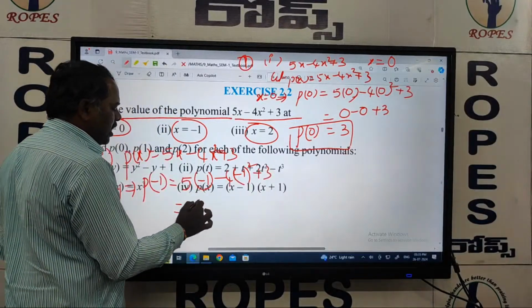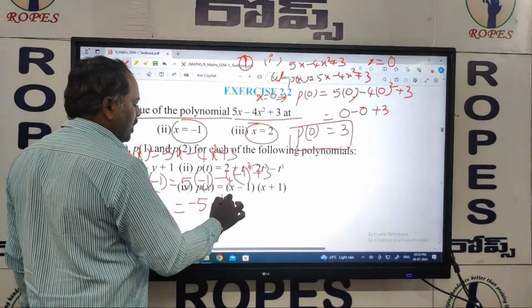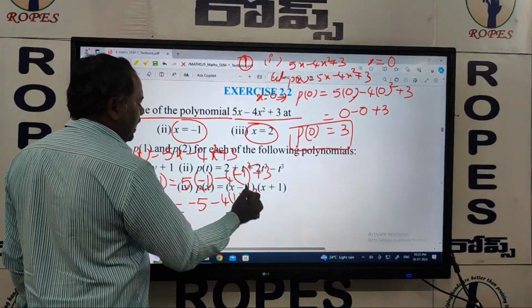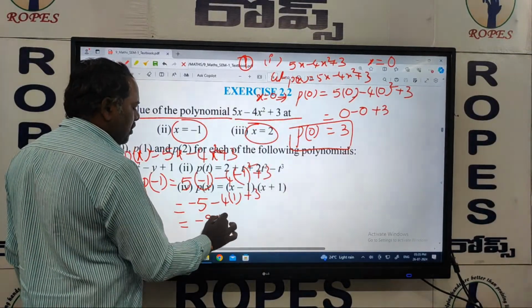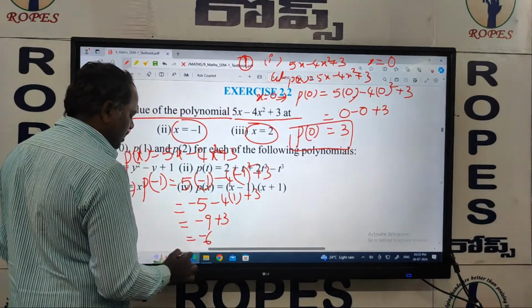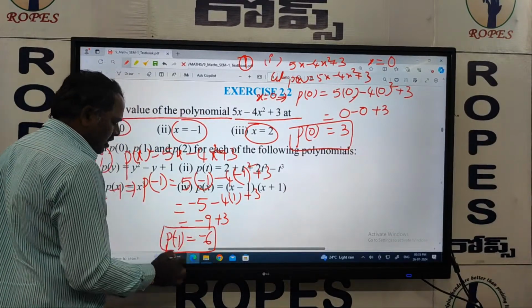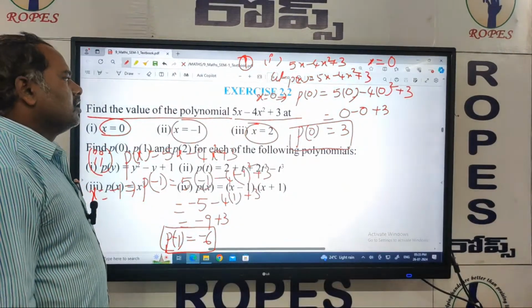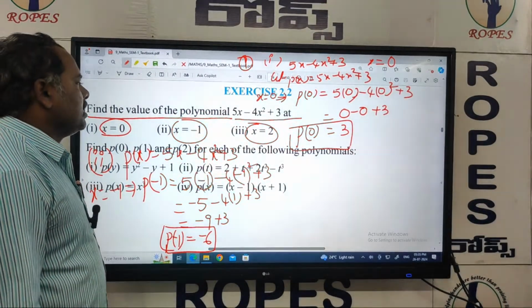Now we can write minus 5 minus 4 into 1 plus 3. Here we can write minus 5 minus 4 minus 9 plus 3, we can write minus 6. Then p of minus 1 is equal to minus 6 we got. This is the value of the polynomial when x is equal to minus 1.